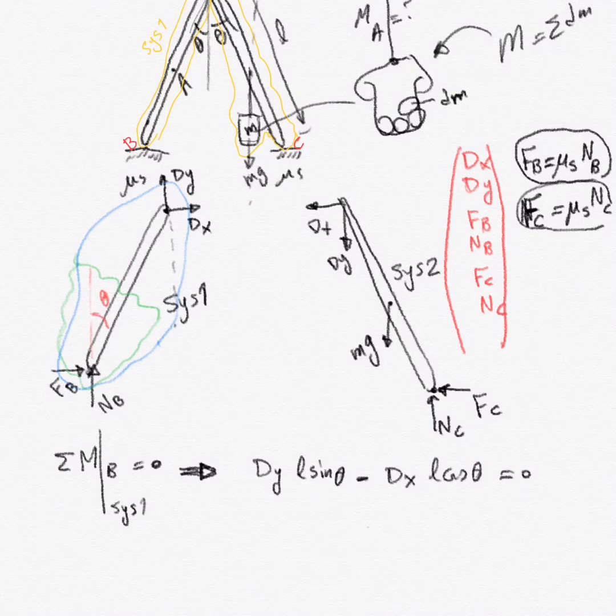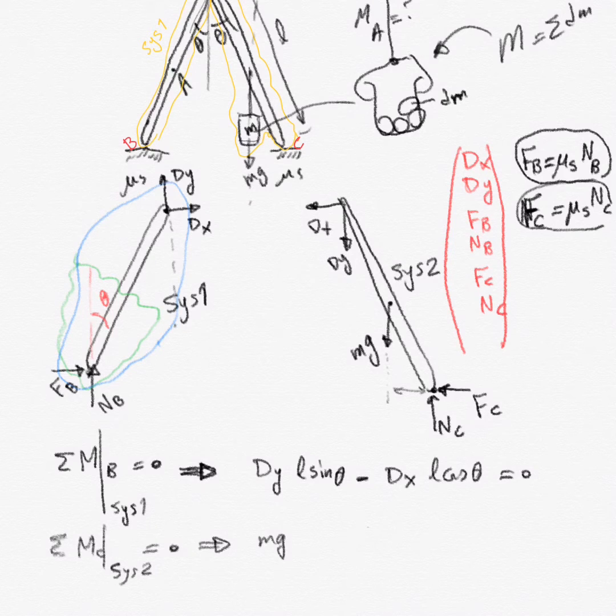Then you can go to system 2 directly, say summation of moment about point C in system 2 must be 0. I'm just trying to get two equations to relate these two discrete parts of the structure together, because the only way they communicate is through dx, dy. So if you write that, you get mg times, look, you need to move this mg down, so this is going to be your moment arm.